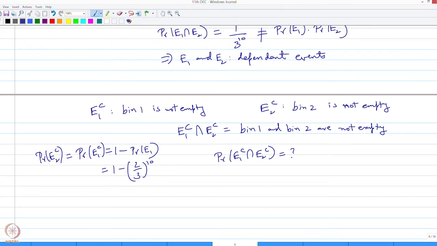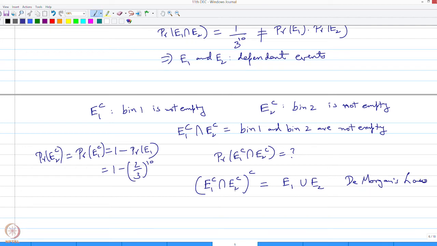So, it turns out one can use this very nice little trick here. Instead of trying to find this, one needs to observe this interesting little result. If you do a complement of this event using De Morgan's law, you will get E1 union E2, okay. So, this is just De Morgan's law, you saw Professor Arvind's lectures on this, De Morgan's law of sets.